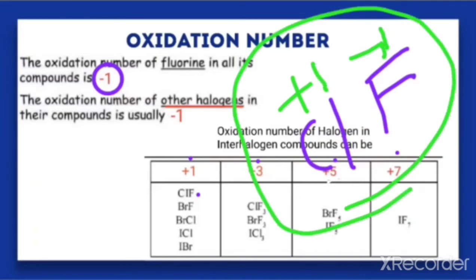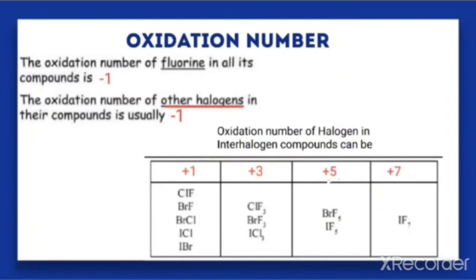That's why the molecule of ClF is neutral, because as the molecule is neutral, the sum of the charges must be equal to 0. So here F has -1 oxidation number, so Cl has +1. In the case of BrF, Br has +1. In the case of BrCl, Br has +1, Cl has -1.